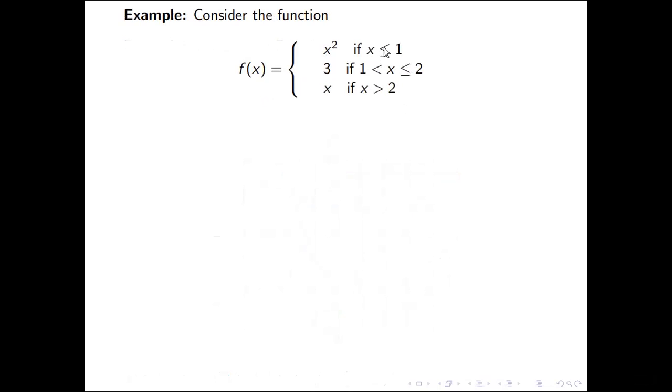So we have split the function into 3 subdomains, and the subdomains divide the real numbers into 3 parts. Depending on where x is, you have the corresponding formula for f of x. So if I ask you first, what is f of 0?